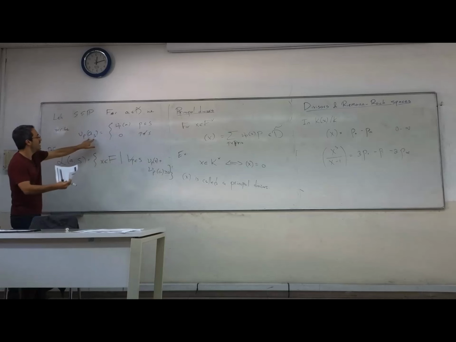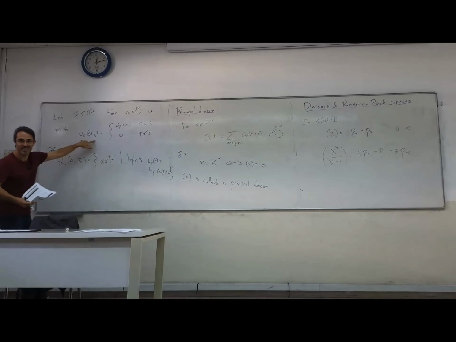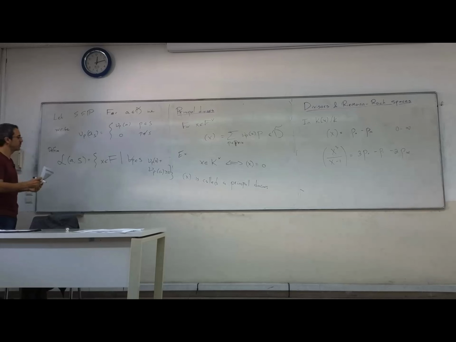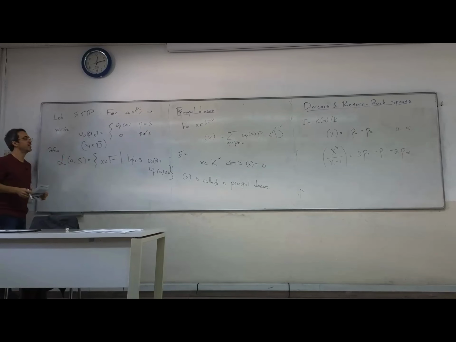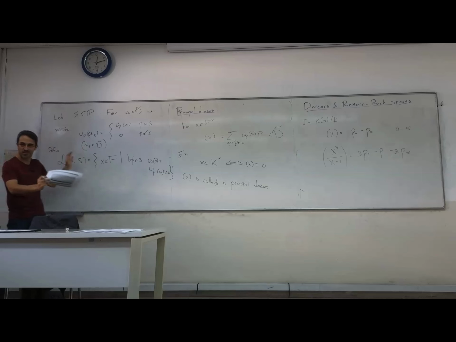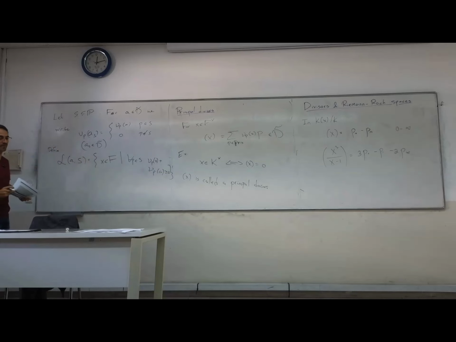And so A_S as a divisor is defined as the sum of those times p. Exactly, like A. And outside it's just 0. I mean, it's still on all prime divisors, but it's 0 outside.